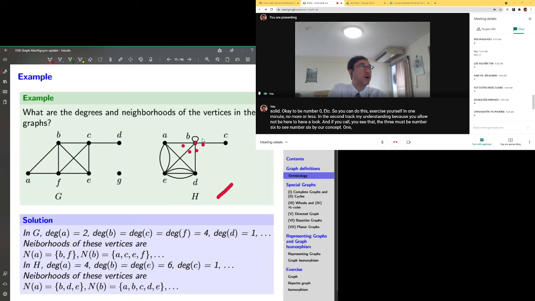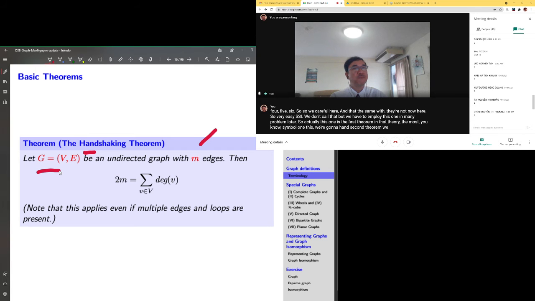So actually this is the first theorem in graph theory, the most simple one. We call this the handshaking theorem. We are given some undirected graph, and we assume that the graph has m edges. So just any undirected graph, and you count m edges.